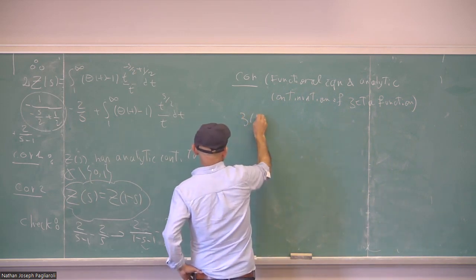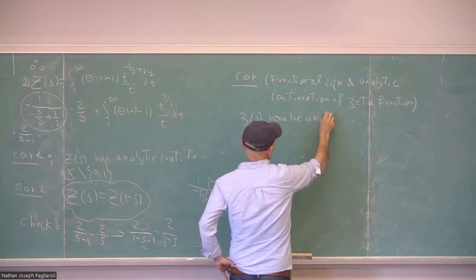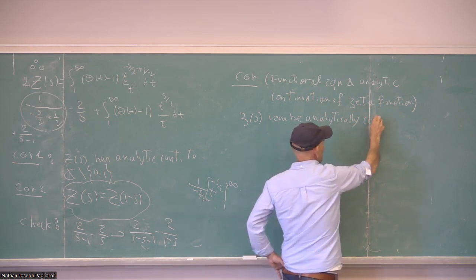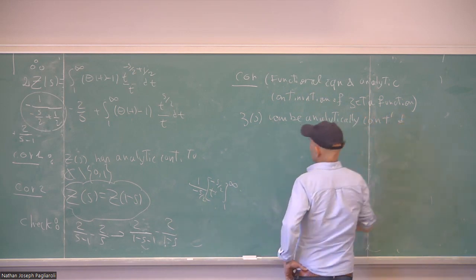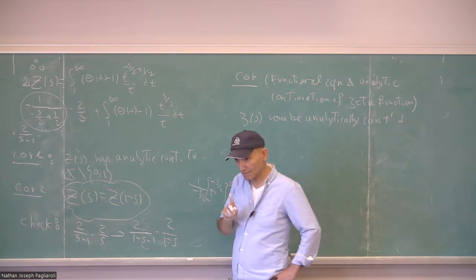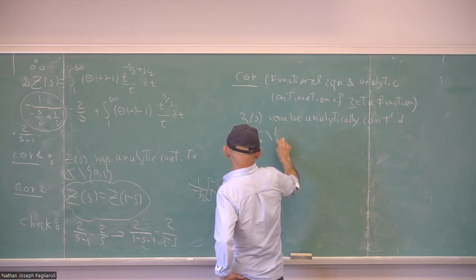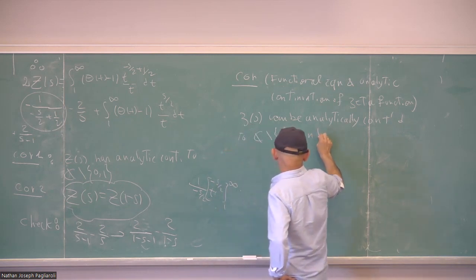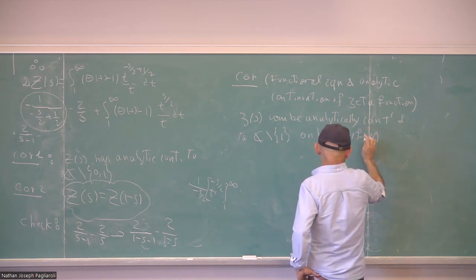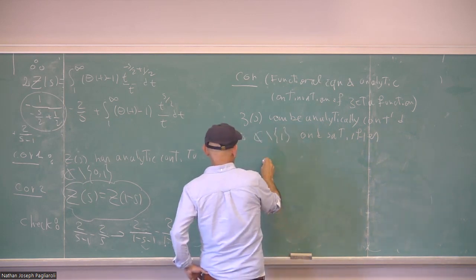So zeta of s can be analytically continued to C minus 1 and satisfies this equation. So I just write it like this.